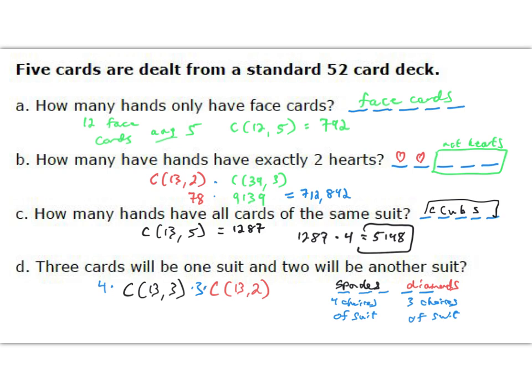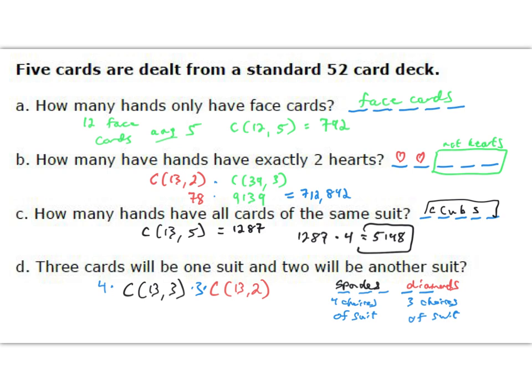So what I have here is I have 4 times the number of combinations of 13 items taken 3 at a time, and then multiply that by 3, and then multiply that by another combination of 13 and 2.